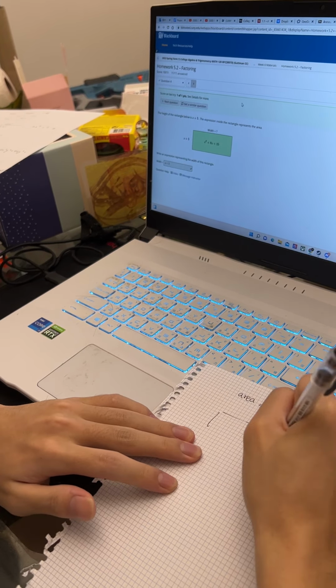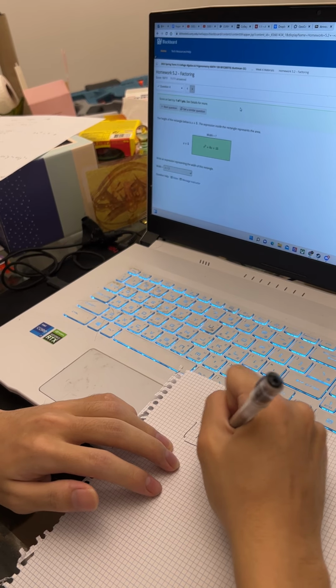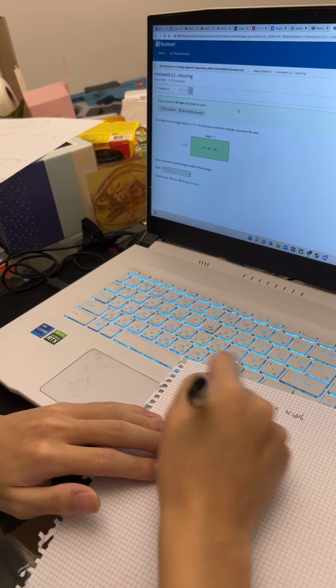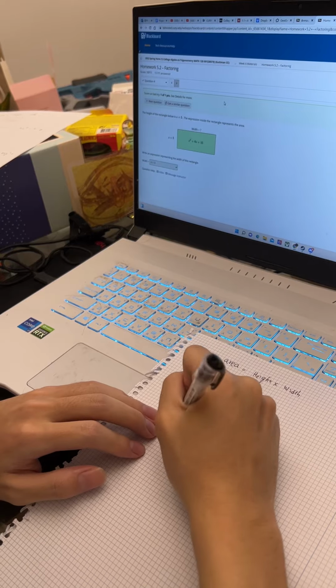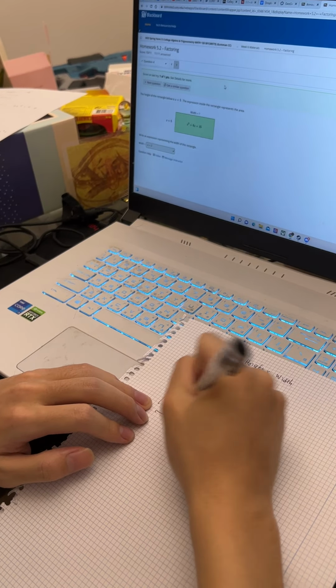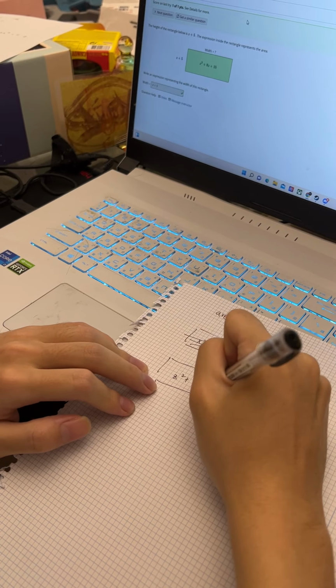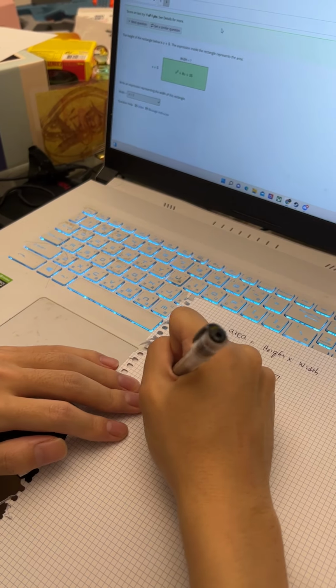The rectangle we got is, oh, sorry, it's z squared plus 8z plus 15, and the side length is z plus 5.